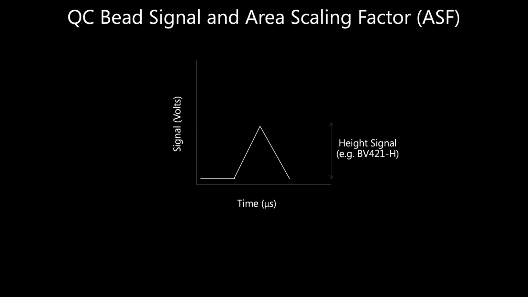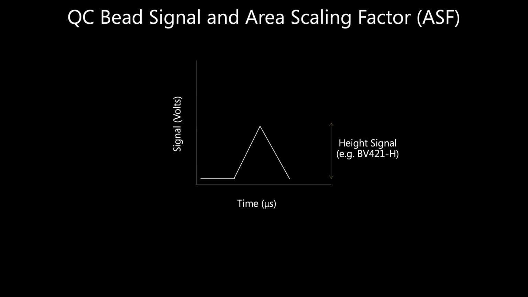So let's take a look at that signal we generated by rotating the plot 90 degrees so it is easier to read. Now, when you're on your flow cytometer, the electronic signal can be presented in a couple different ways in your cytometer software. One is to take the height of that signal, shown by the yellow arrow here. And when you're playing in your cytometer software, this could be something like BV421-H that you're used to looking at in the parameter list.